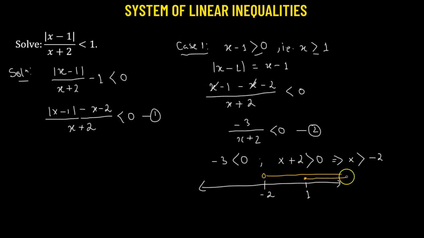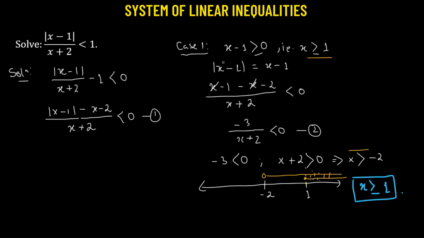So here all the values of x will be lying to the right of x equals 1. Here x equals 1 is also part of the solution. So this is the common region that satisfies both x greater than or equal to 1 and x greater than negative 2. So that means our solution will be x greater than or equal to 1. So this is the solution we have obtained from case number 1.